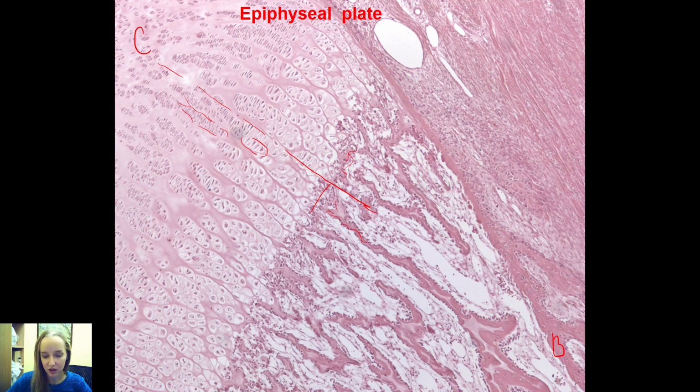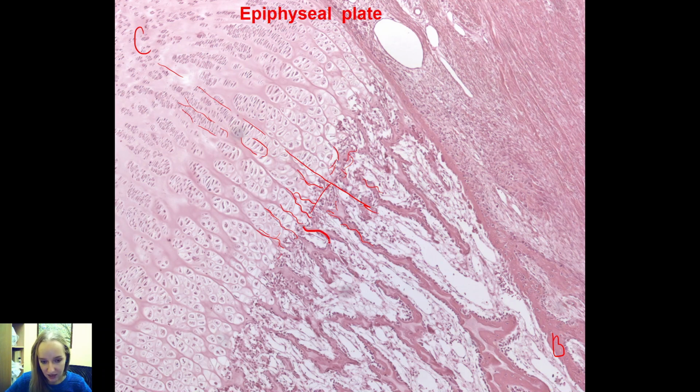This is a calcification. You can see it's darker than here. So here we can see also calcification, a more basophilic area here, and then they will die. So here we no longer can see any chondrocytes.